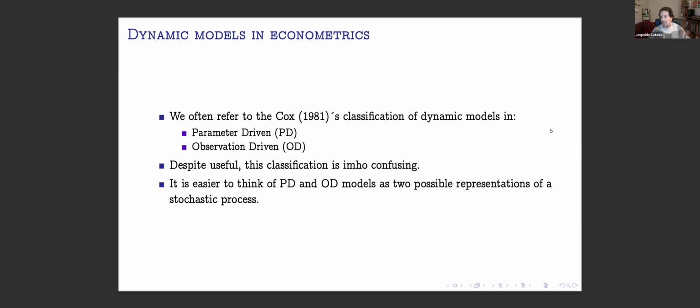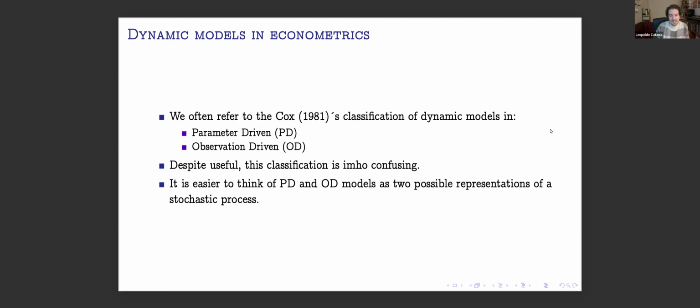So we have a signal, a noise, and then we would like to recover the signal from a noise-contaminated version of it. Now, in my opinion, this classification is very useful for pedagogical purposes. But sometimes it's a bit confusing.